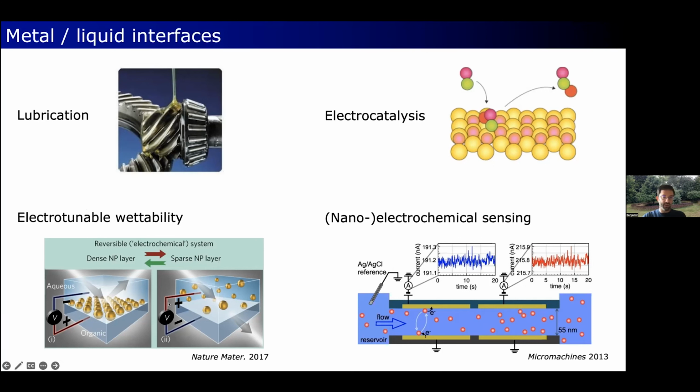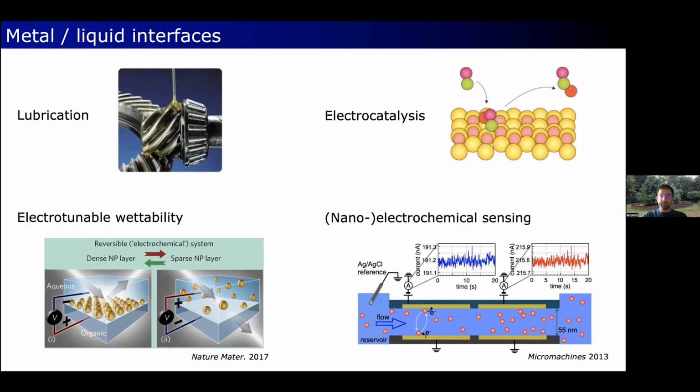This is an example of work in the group of Alexei Kornichev, who used a voltage drop across an interface between two liquids, an aqueous electrolyte and an organic electrolyte, to drive gold nanoparticles to the surface or away from the surface, changing the affinity of the gold nanoparticles for the surface. This allows assembling these nanoparticles at the surface to form a nanoplasmonic mirror at this liquid-liquid interface.